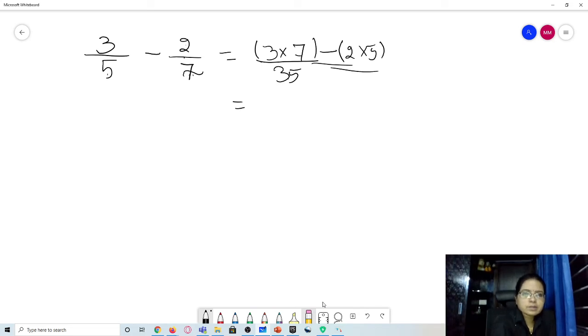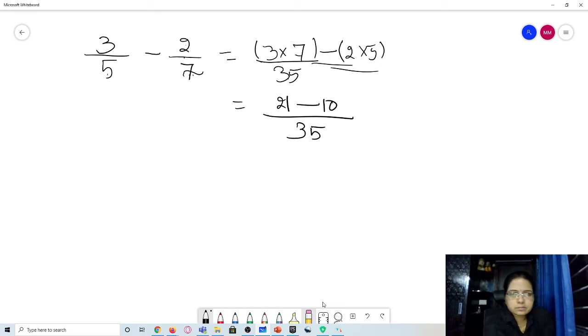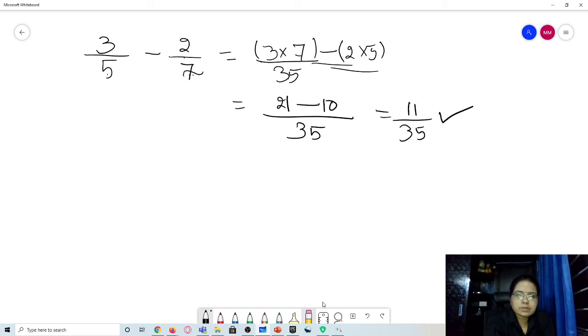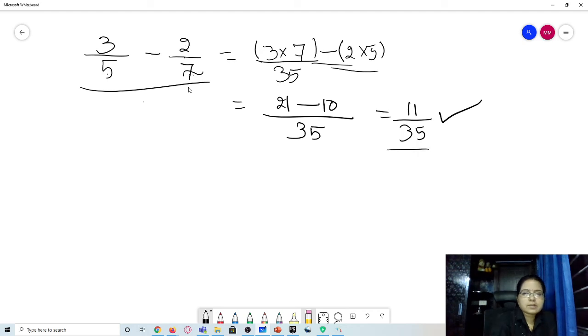We get 3 multiplied by 7 is 21 minus 2 multiplied by 5 is 10. Now 21 minus 10 is 11 divided by 35. This is the answer. So 3 divided by 5 minus 2 divided by 7 is 11 divided by 35.